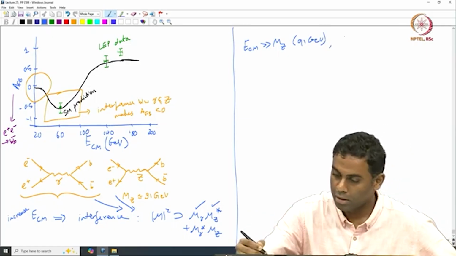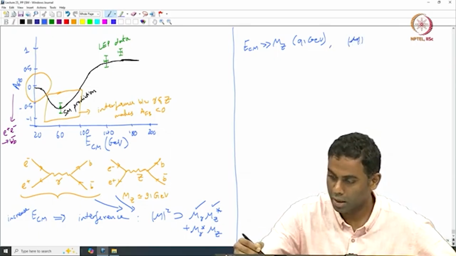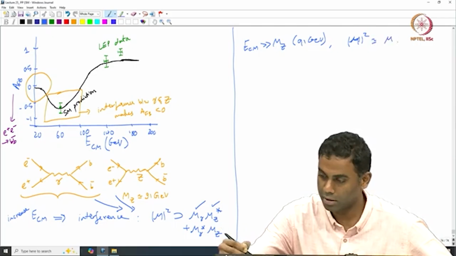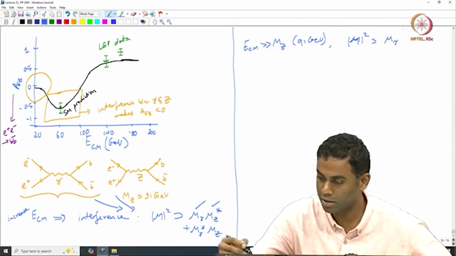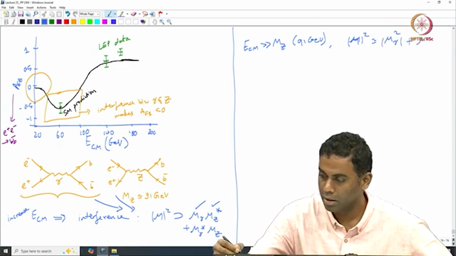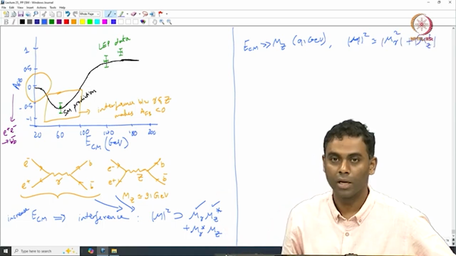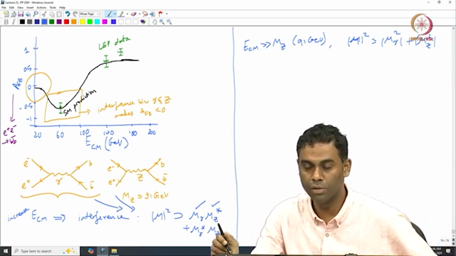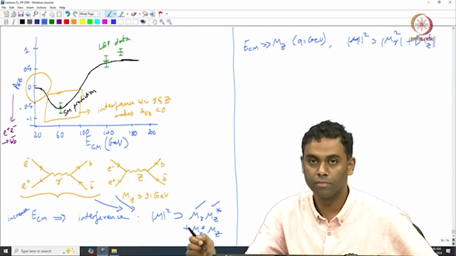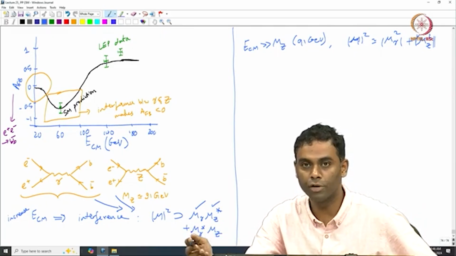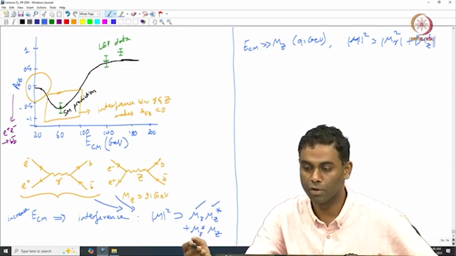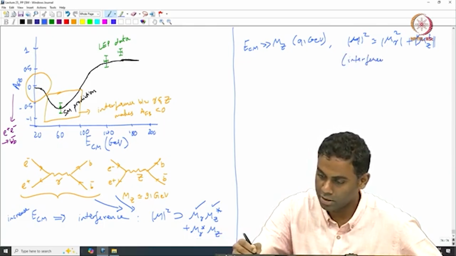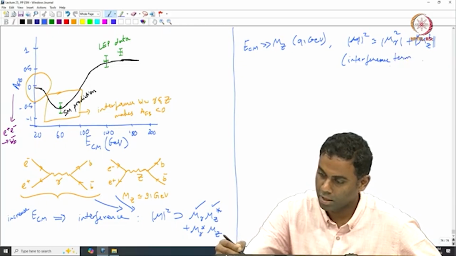then M squared at this point is basically, there's a component from M_gamma squared that's always there, but the M_Z amplitude contributes all by itself without much interference. At this point you don't really care about the interference. So basically what I am saying is the interference term becomes negligible.